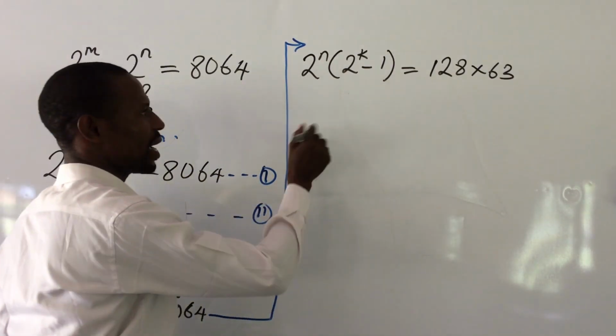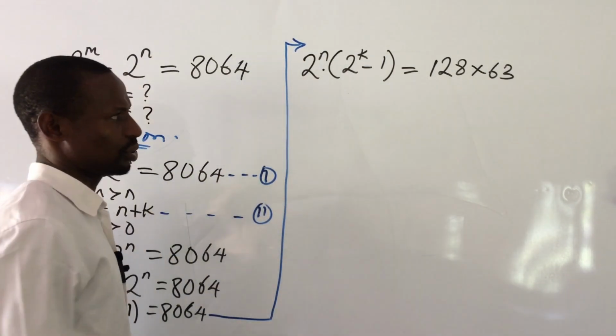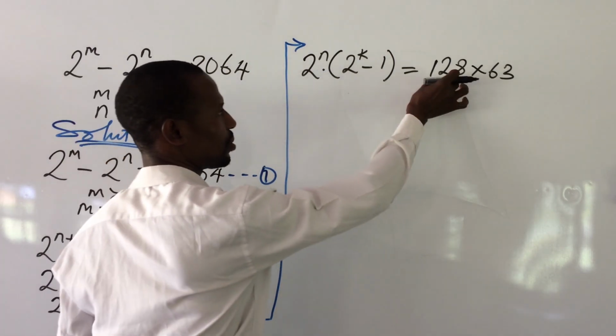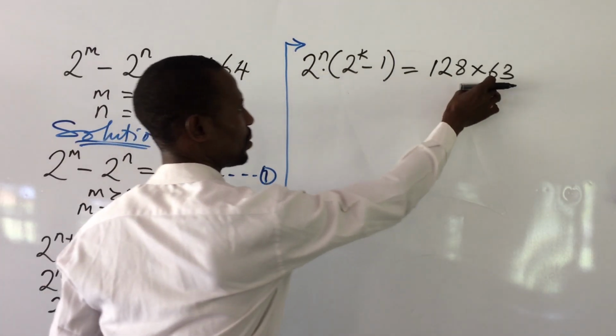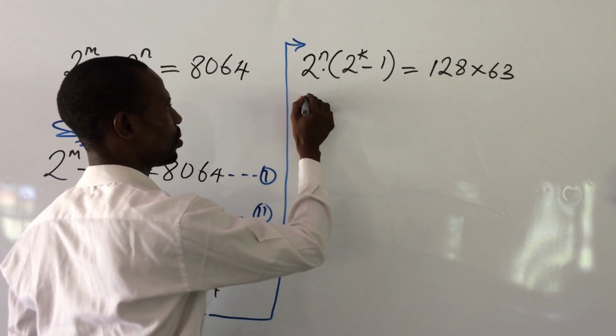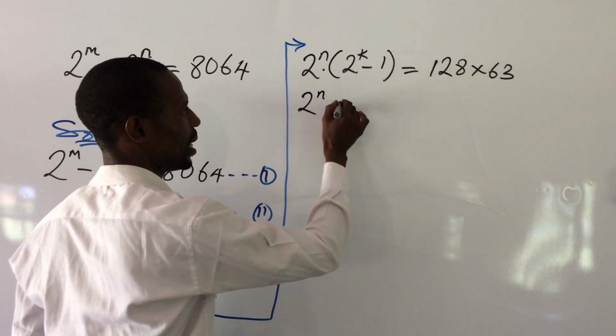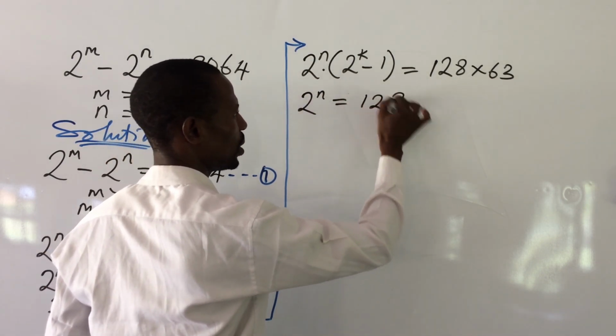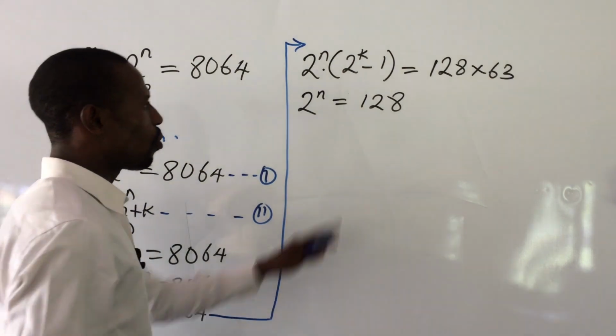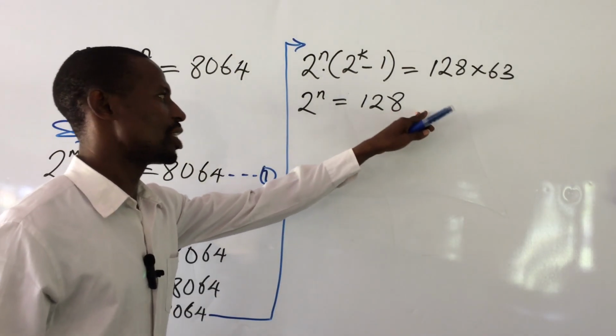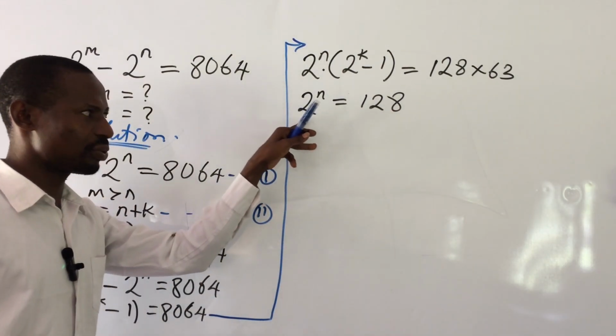From here, we can now apply our product rule. So we equate this to the first one, and this to this. For case 1, we have 2 to the power of n equals 128. Now 128 can be expressed in base 2.